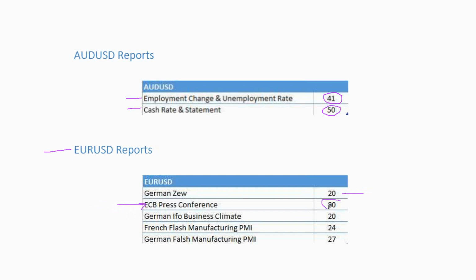And typically your move is on average 80 pips immediately after the market report. The German IFO business climate, 20 pips. The French flash manufacturing PMI, 24. The German flash manufacturing PMI, 27 pips. Okay, so now you can identify what is an average move.